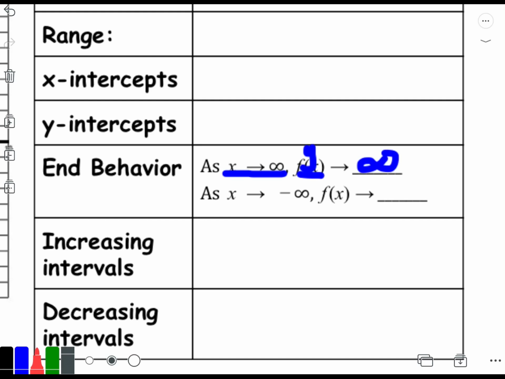Then this next section says as x goes to negative infinity, so that's as our x values are decreasing, our y values, f of x, are also decreasing. So we'll put negative infinity there. Okay, so that was what our linear function looked like.